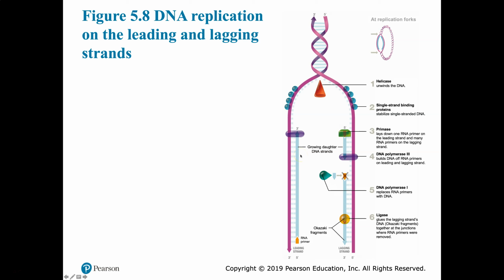Now, this is a very important concept. We need to make sure we understand why replication happens. DNA replication happens because the cell is about to undergo binary fission, and it needs to make two identical copies of the DNA for the two new daughter cells.